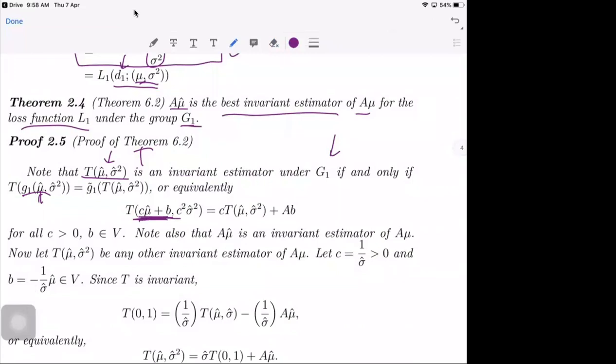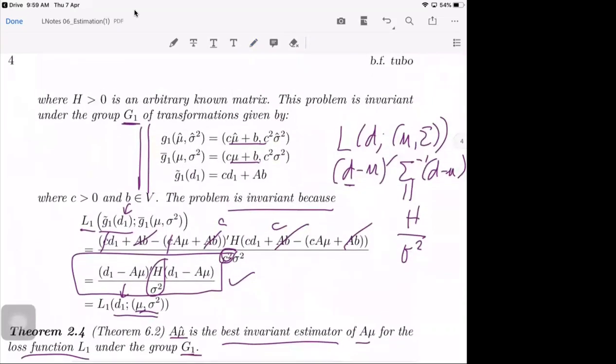You add B and pre-multiply mu hat by C, and this is your variance. And if you can show that this is equal to C times, you apply G tilde to T at mu hat. So what you want is T at mu hat sigma hat G tilde. What is G tilde? This is your G tilde transformation.